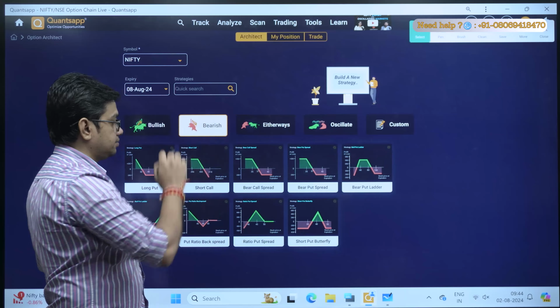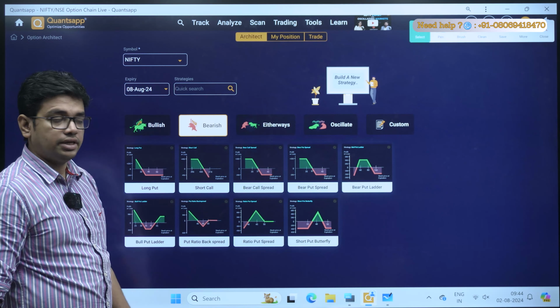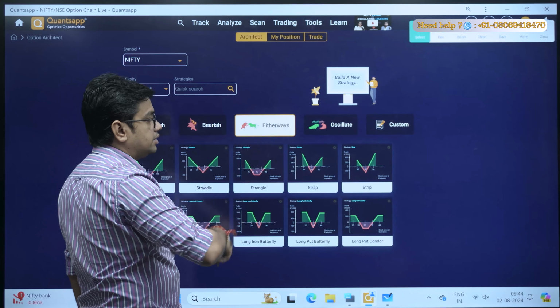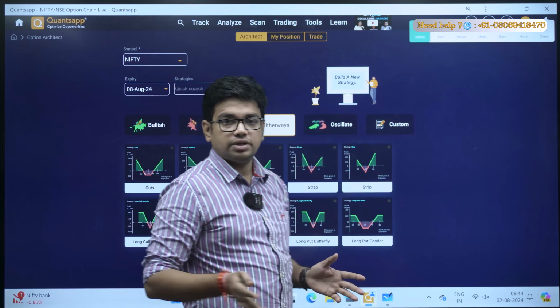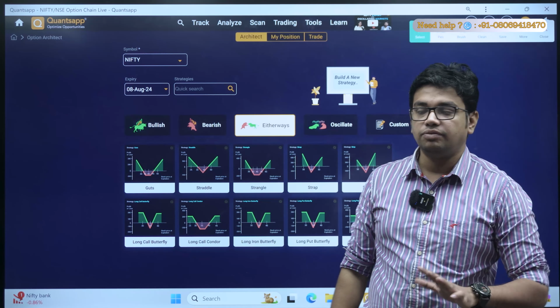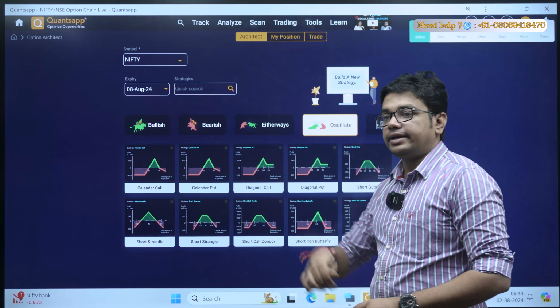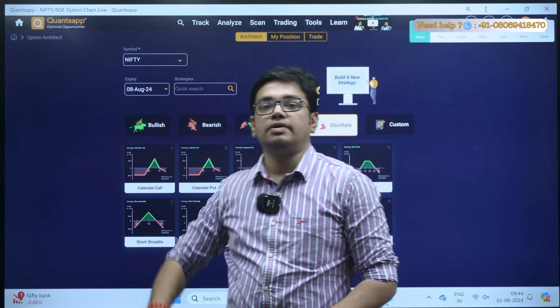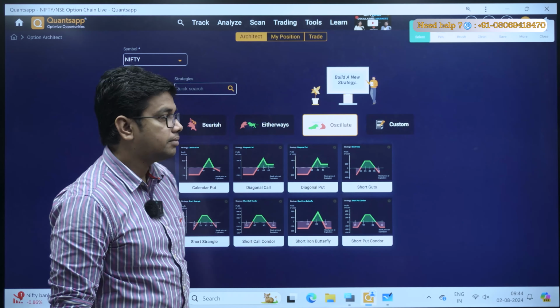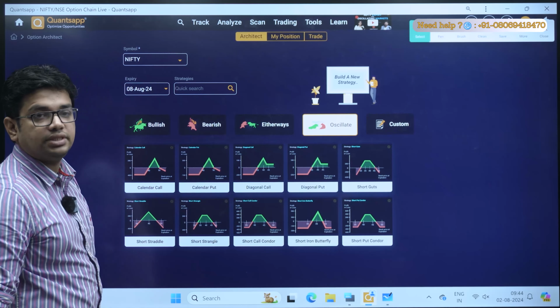If you have a bearish view, the option strategies will change. If it can go either way, down or up, and you have no idea, you go with these strategies. And if you think it might oscillate between two levels, then go for the oscillate strategies. So these are the option strategies.